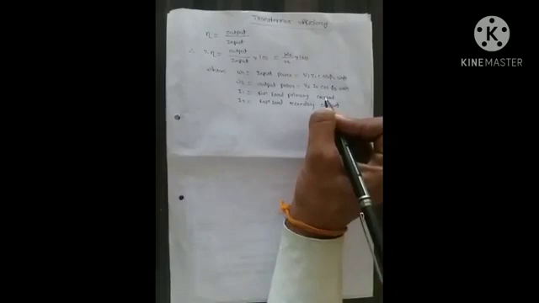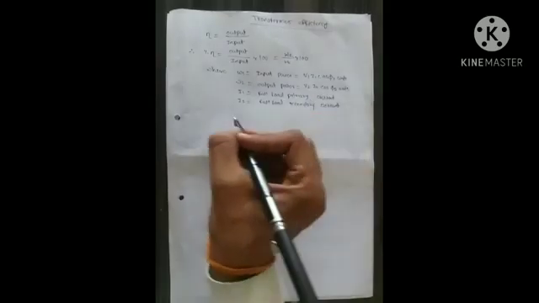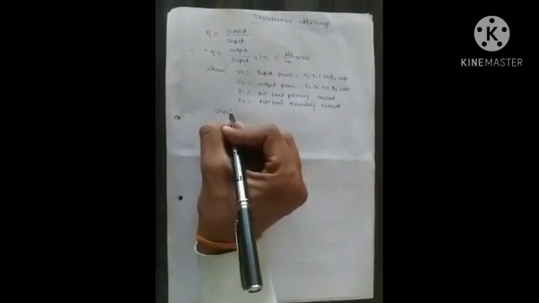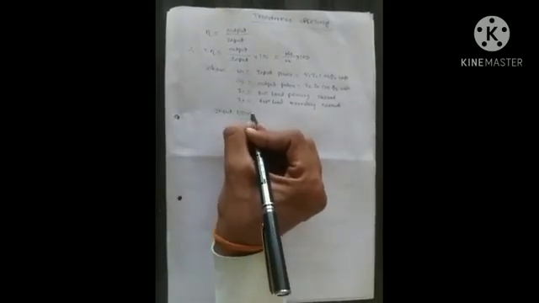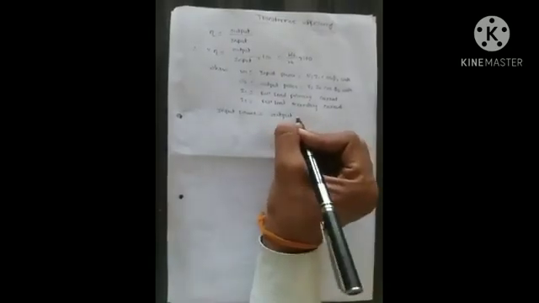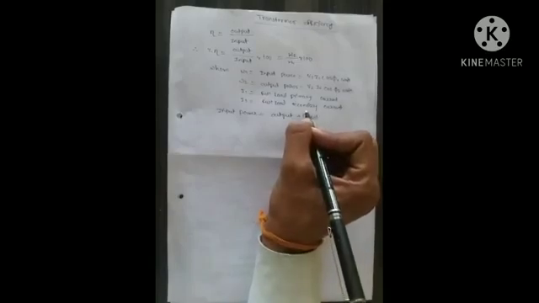Okay, the transformer has high efficiency if the output power is close to its input power. Then the transformer input power, considering its losses, means input power equals output plus losses. Okay, input power equals output plus losses.